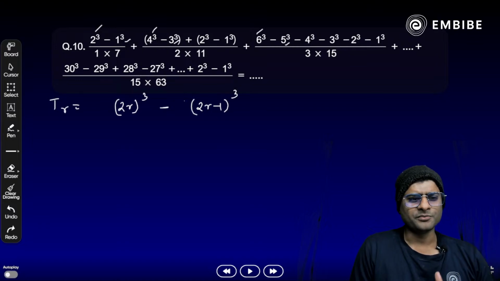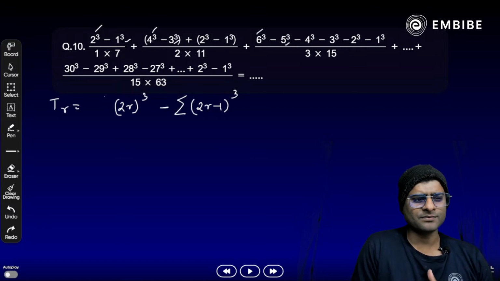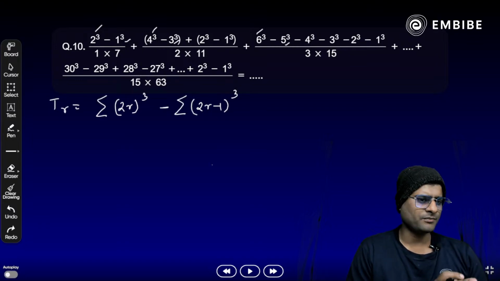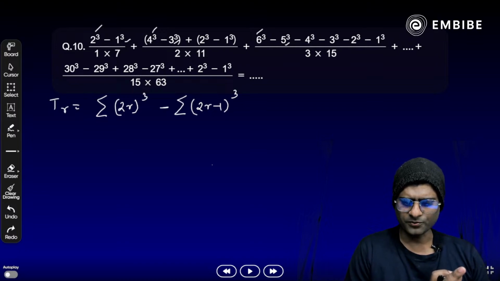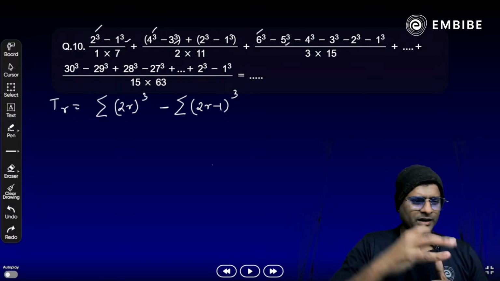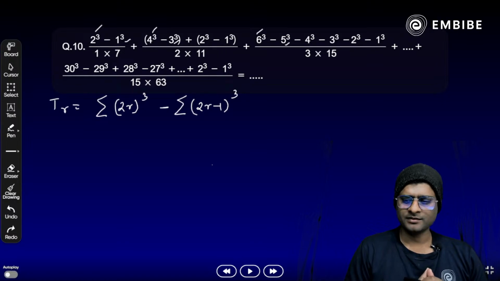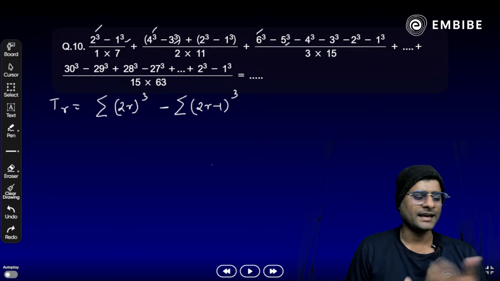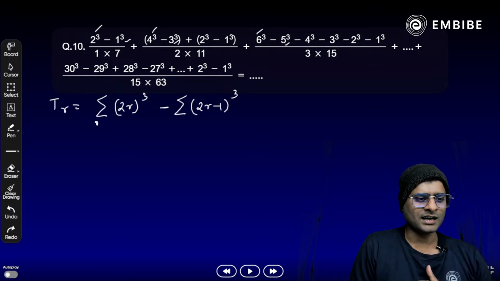Now we need to apply the summation as well here. If you can apply the summation, what could the limit be? Any idea? From 1 to n? Yes, exactly. r should be 1 to n. Okay.